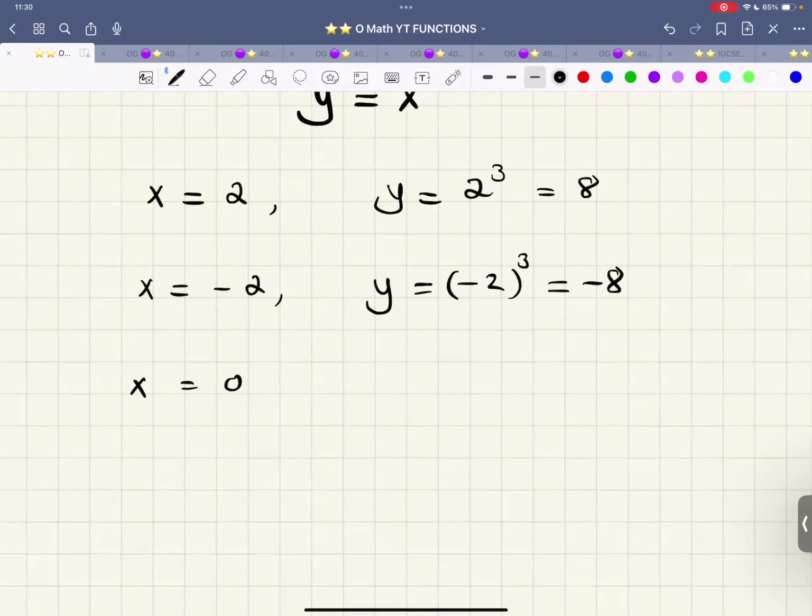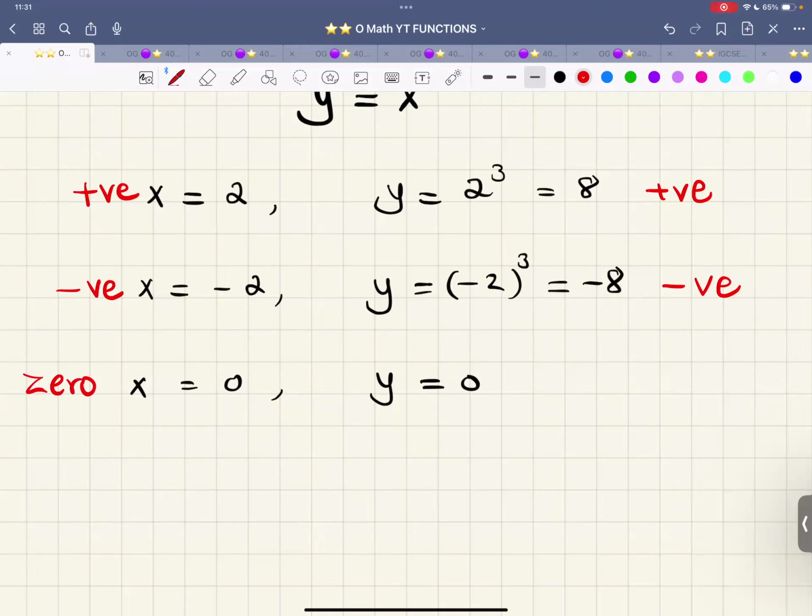If x is 0, y is 0. That means when x is positive, the cube is positive. When x is negative, the cube is negative. When x is 0, therefore x cube is 0.